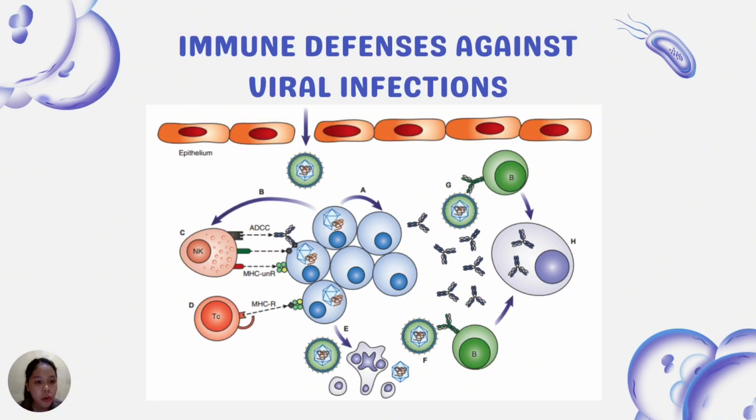Then, bukod doon, makakapag-secrete din yung body ng cytotoxic T cells para doon naman sa ating mga virus din. Ang mangyayari dyan, yung virus natin, didikit siya sa ating host cells. Yung interferon alpha, siya yung pupunta doon sa ating host cells para labanan itong mga virus.